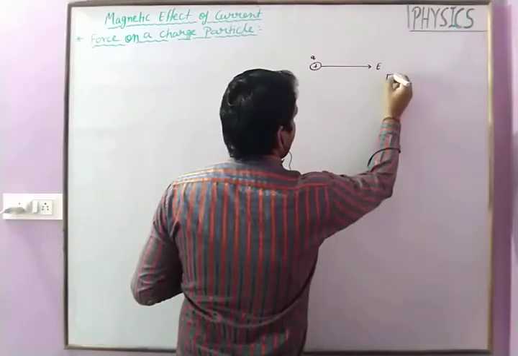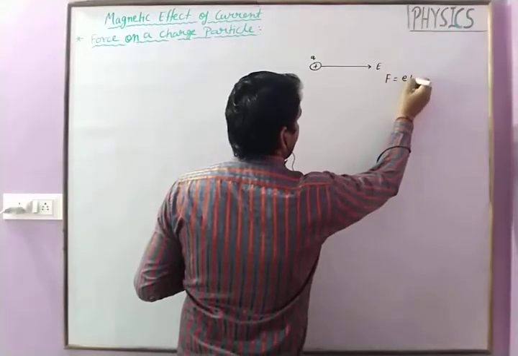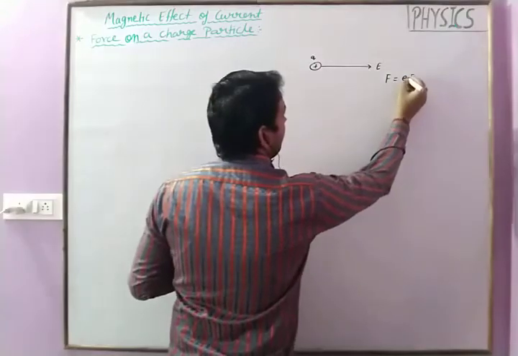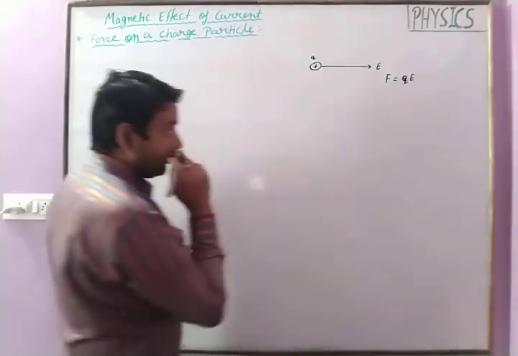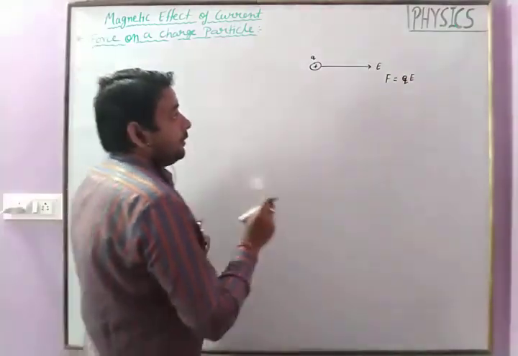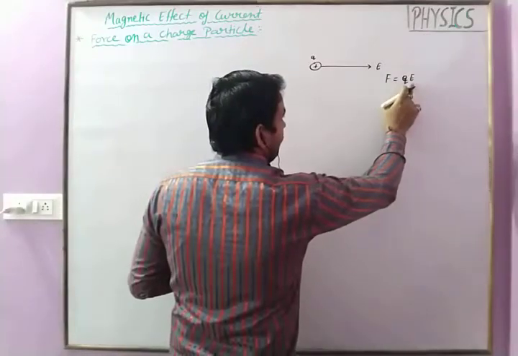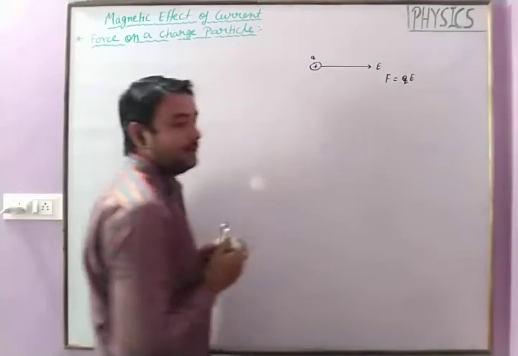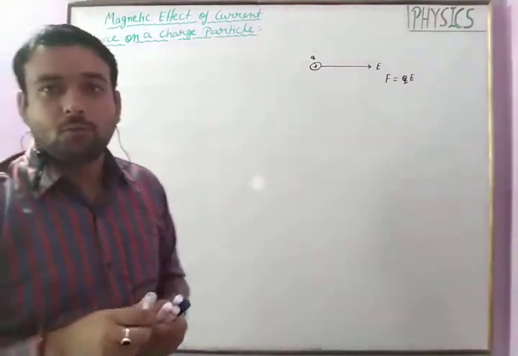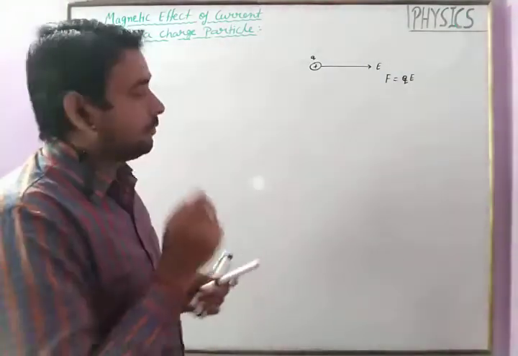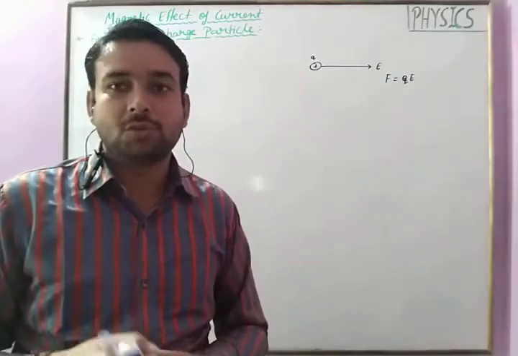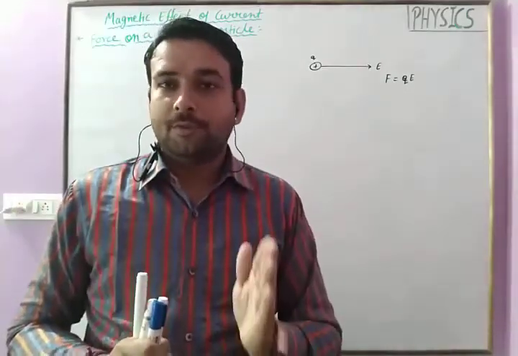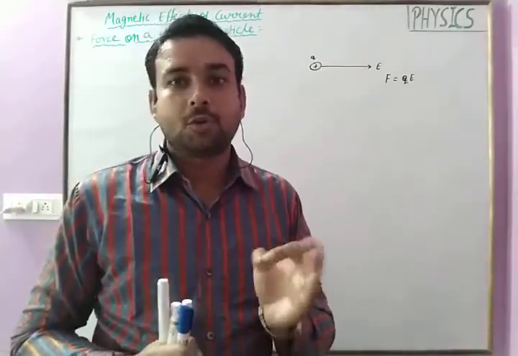That force is given by QE. Clear? The direction of force is the direction of electric field. This we have as previous knowledge from our first unit, that is electrostatics.